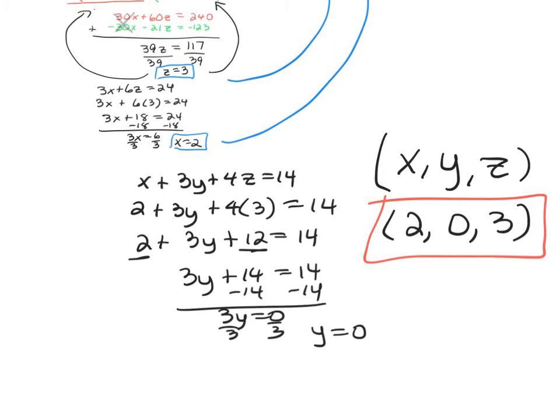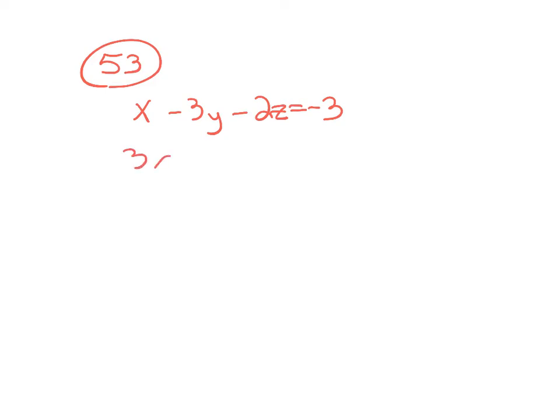All right, so for 53, this one is x minus 3y minus 2z equals -3, and 3x plus 2y minus z equals 12, and -x minus y plus 4z equals 3.